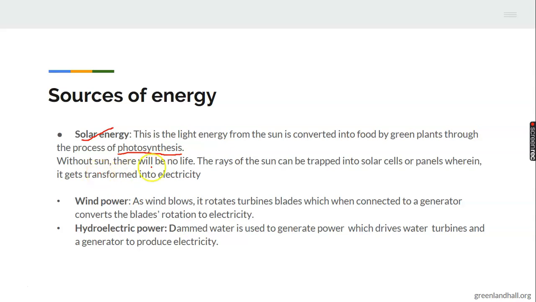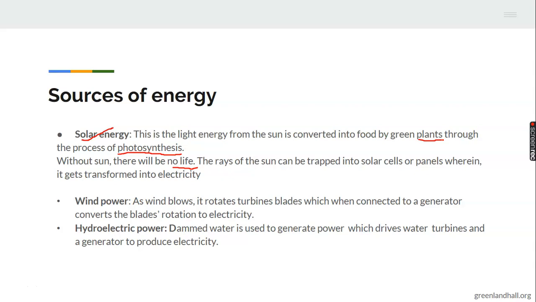So without the sun, there will be no life, certainly, because either you like it or not, you and I get our food from plants. If plants cannot manufacture their food, we will go hungry.